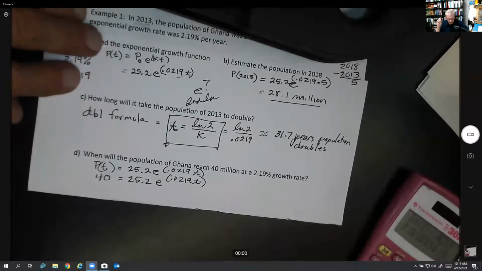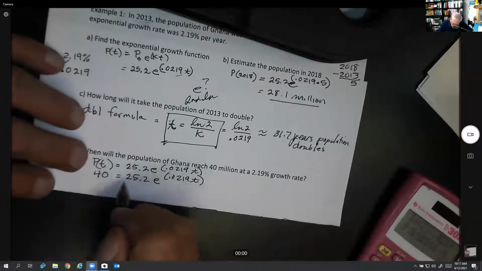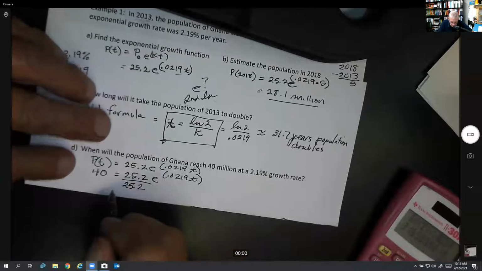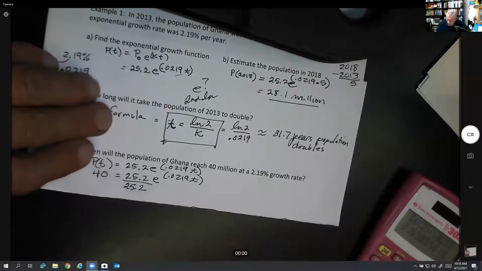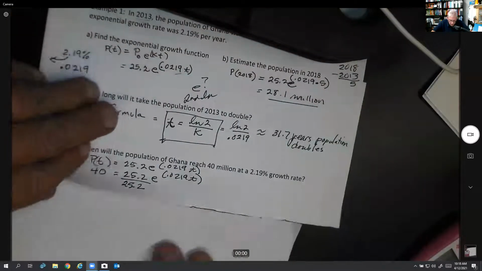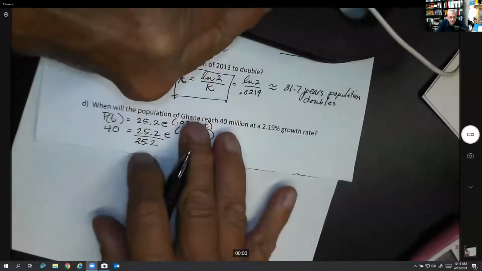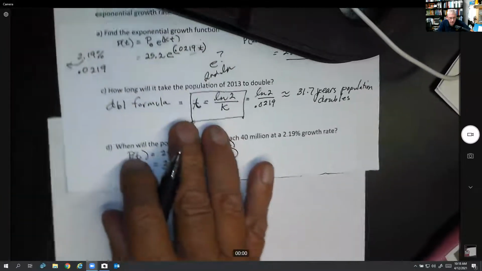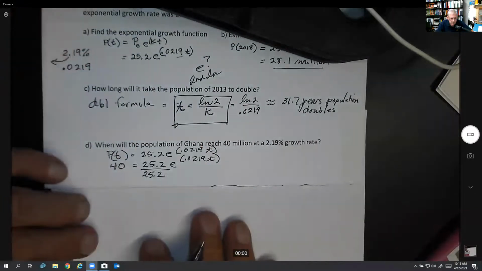So how are we going to solve this? Well, first of all, we're going to divide both sides by 25.2. Let me put a little piece of paper down here so we have more room to work. And let's turn this a little bit here. Okay.